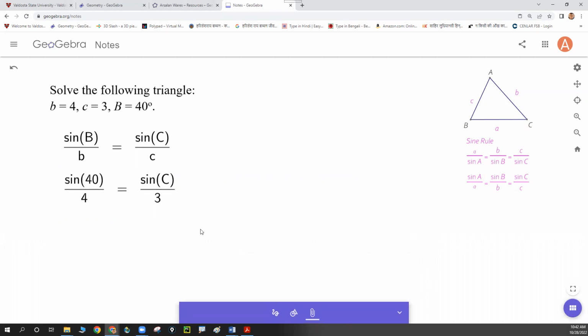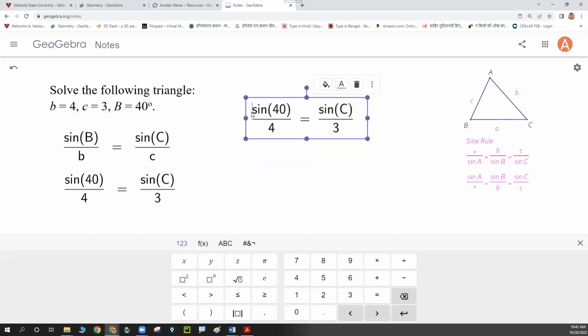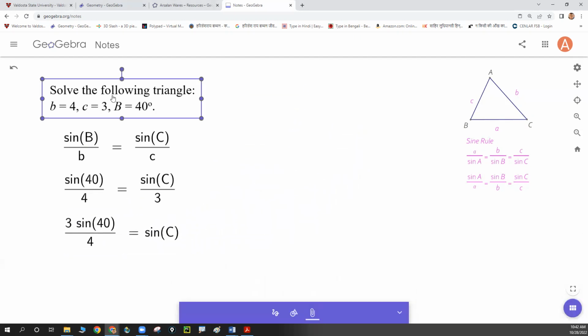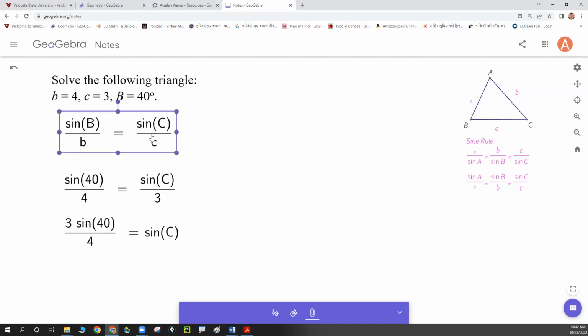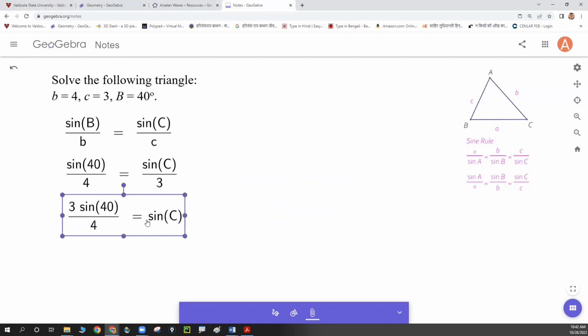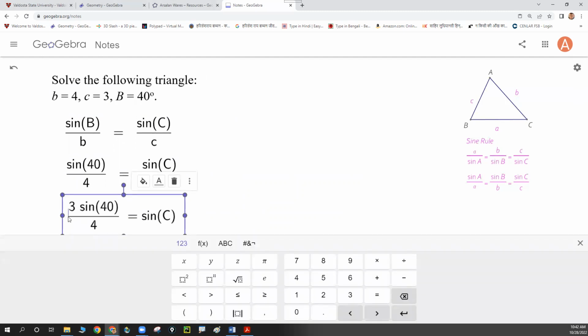I'm going to multiply both sides by 3 to get this. These are just shortcuts. Let's do it here. Now let's write sine C on the other side.